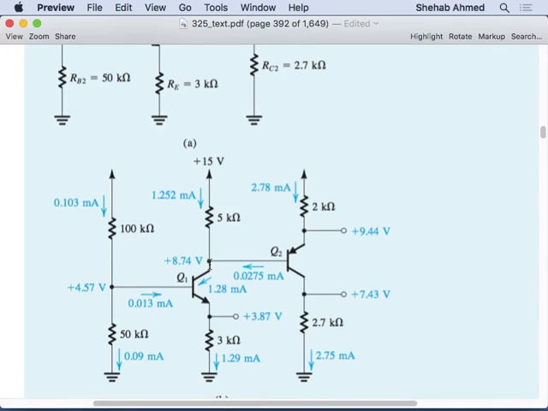Cascode meaning I have these two devices after each other, and what's happening here is the beta will increase considerably. So if you look at beta, it's the ratio of IC to IB. You will see that you got some gain. This was IC 1.25 divided by 0.013, right? And then when you put another device in cascode configuration, you got more gain.